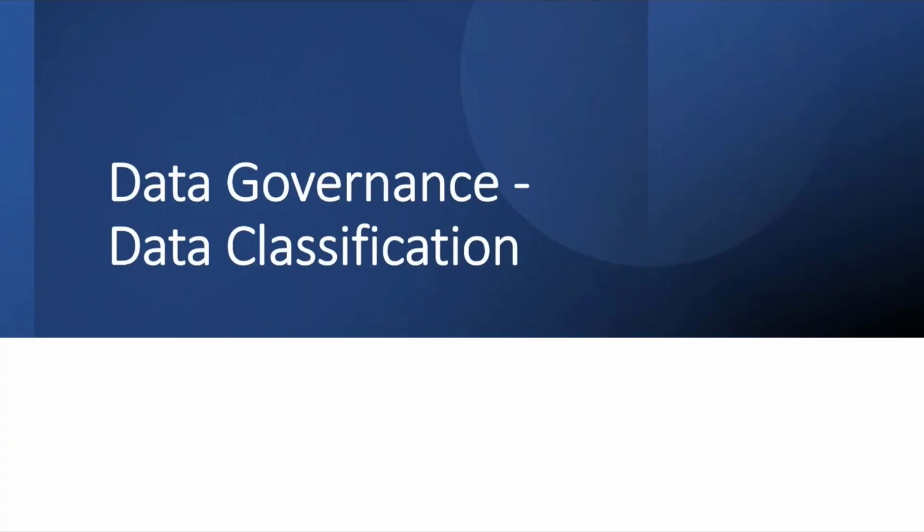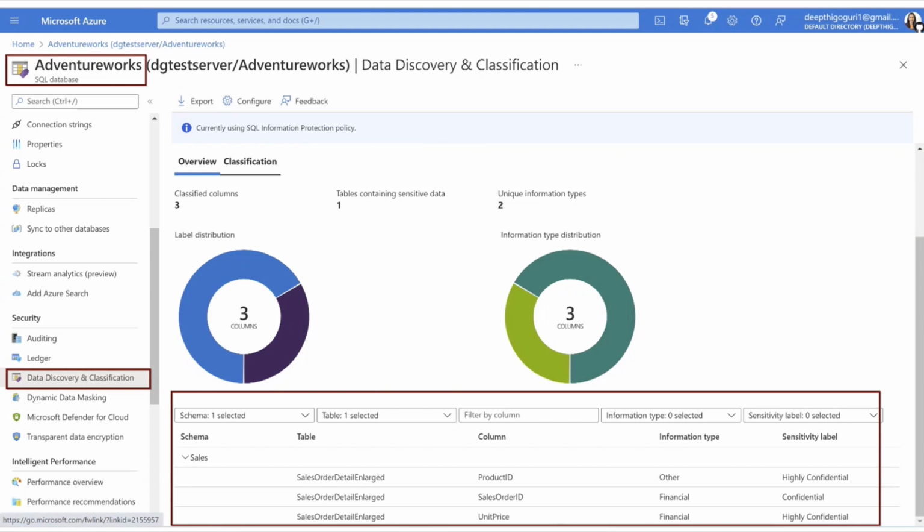Now let's talk about the data governance, which comes under the data classification. Once you open up the Azure SQL database, underneath the security, you'll go to the data discovery and classification. Basically, what is this data classification? You can classify the data based upon how sensitive your data is. Let's say you have a column named SSN, the last name, or passport number.